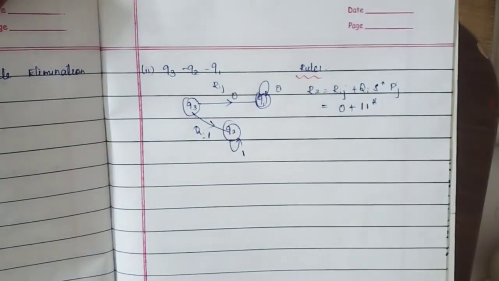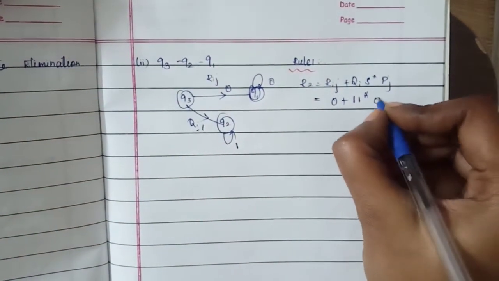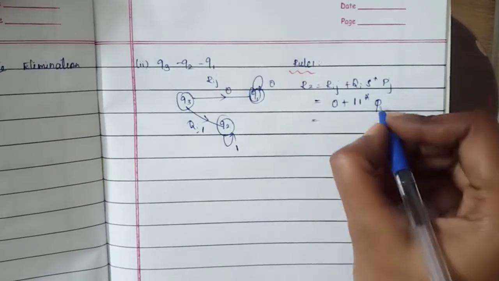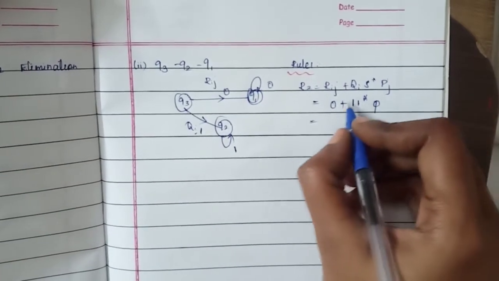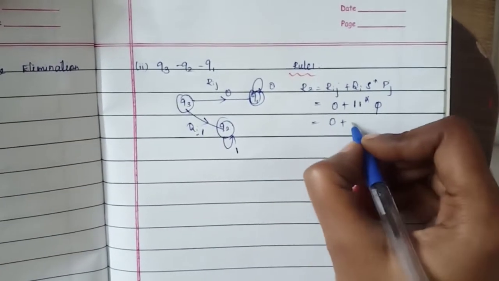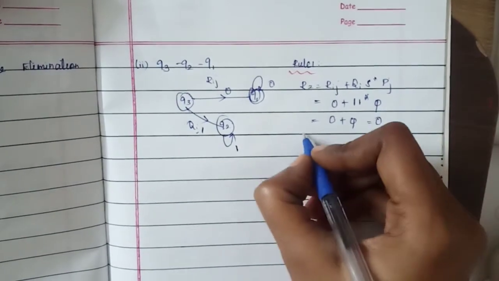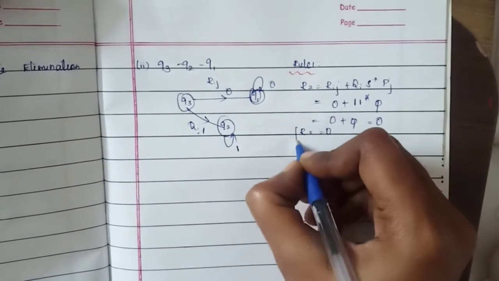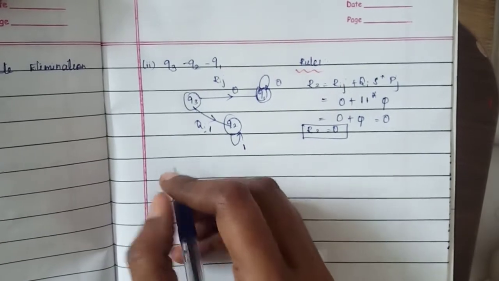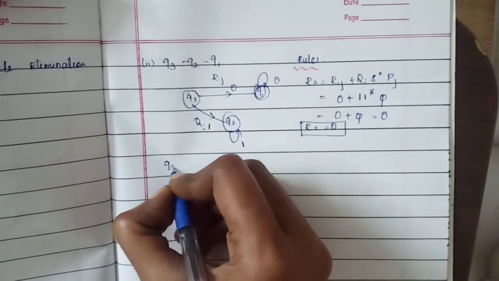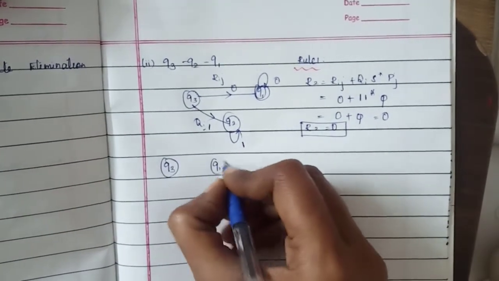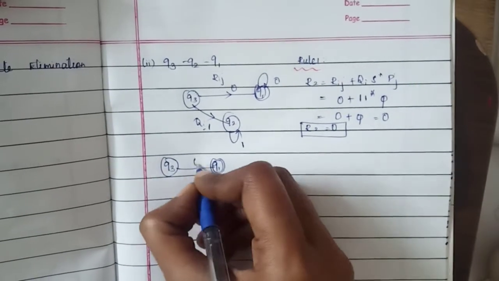Since there is no Pj, you have to make it phi. When you apply this phi, it is entirely phi, so 0 plus phi is equal to 0. Then R2 equals 0. When we redraw this diagram, q3 to q1 is 0.